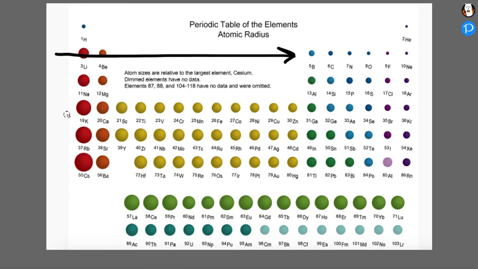There are a few exceptions, especially here in the middle with the transition metals, but as you move across, they get smaller and smaller. But then as we move from top to bottom, if we're looking at just a group, they increase in size. So decreasing in size going this way, increasing in size going this way, with our biggest atom in the bottom left and our smallest one in the upper right. So you could also think about it in a diagonal way like this. But that's our trends in size.